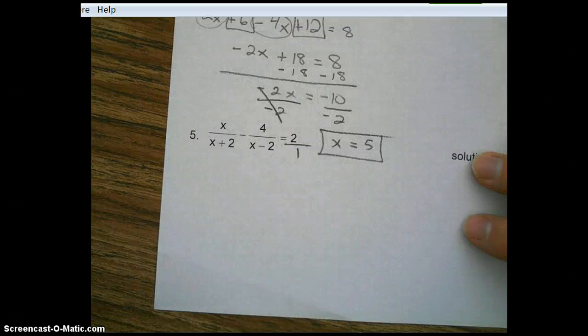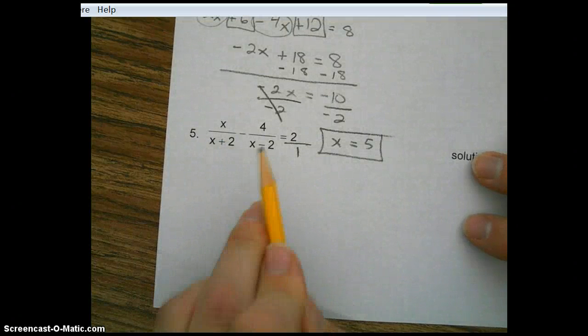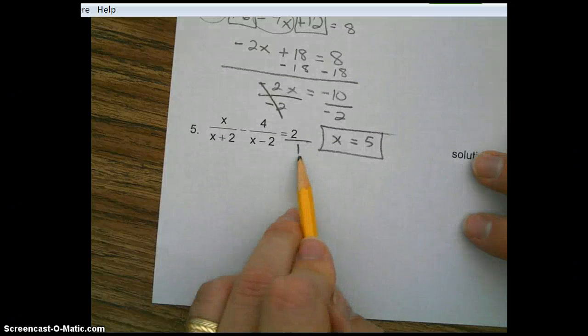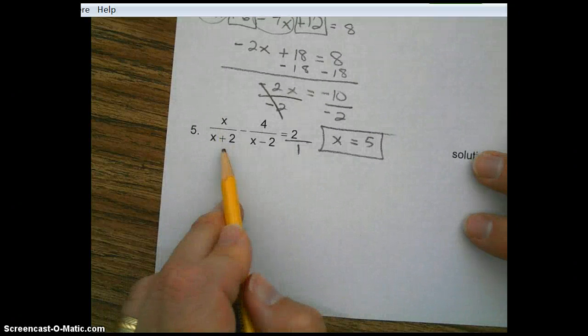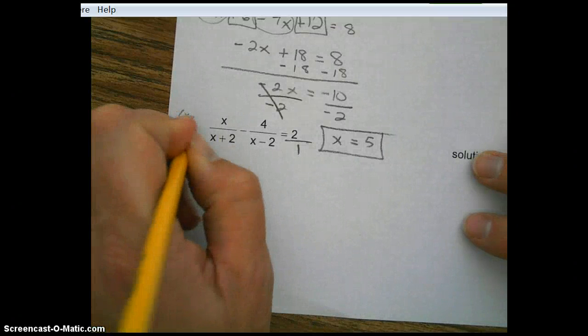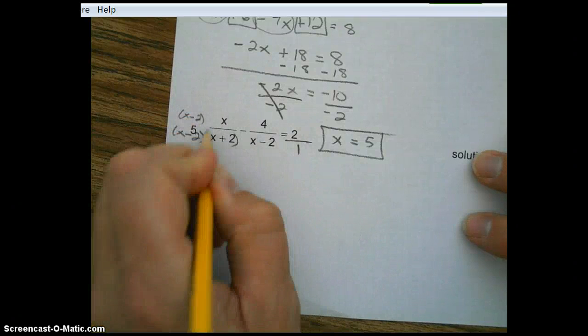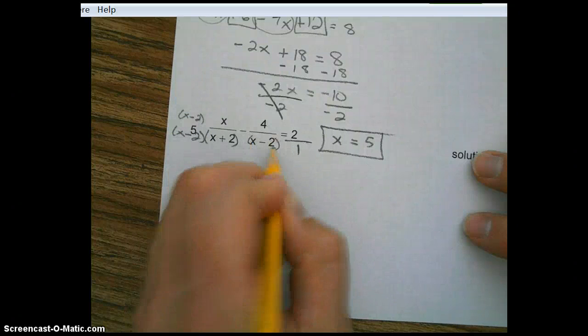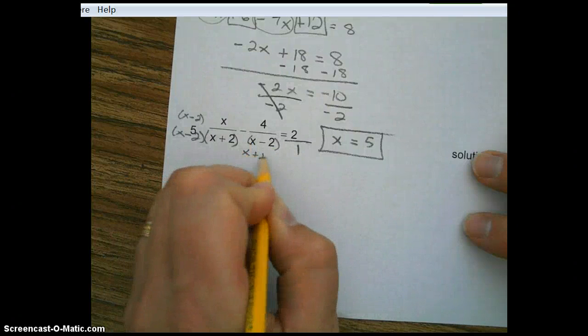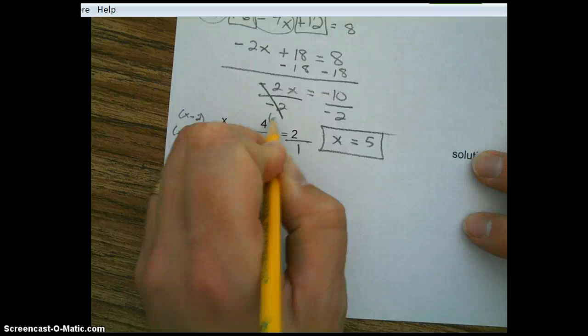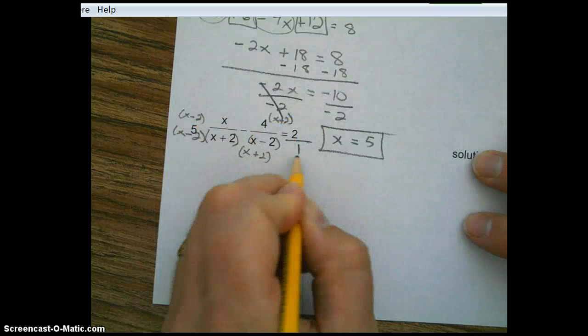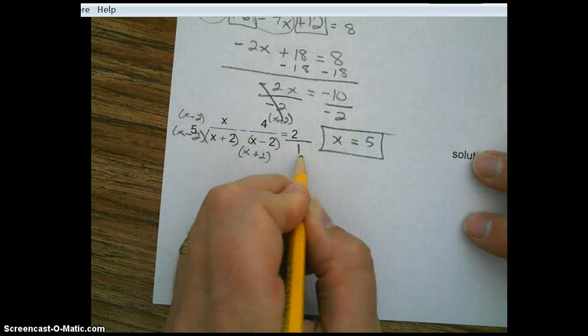All right, so x plus 2, x minus 2, and a 1. So obviously this needs an x minus 2. Obviously this needs an x plus 2. Obviously, this needs both.